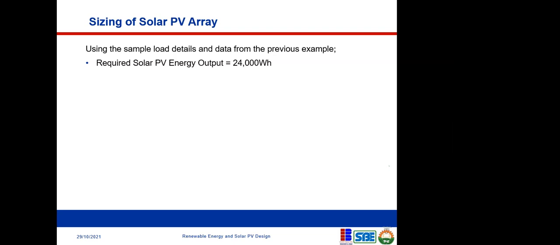Then if you're considering 50% depth of discharge, we divide it and we get 24,000 watt hour, right? Because that solar panel needs to charge that battery to 24,000 watt hour. So we are sizing a panel that can charge our battery and still supply for regular use. So required solar PV energy output is 24,000 watt hour, okay?